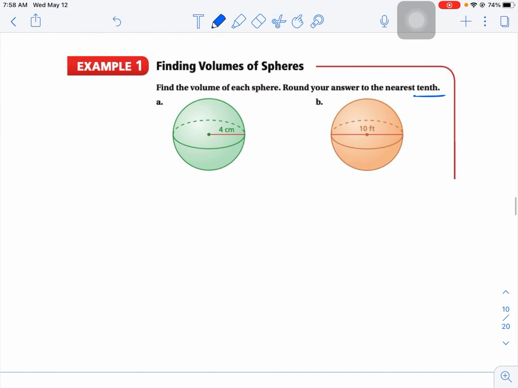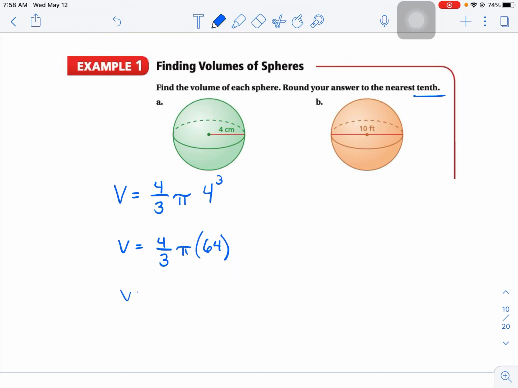So if we were applying that formula, we would get volume equals 4/3 pi. Radius here is 4 cubed. All right, so we can simplify that piece using our calculator. So if we do 4 cubed, we get 4/3 pi times 64.